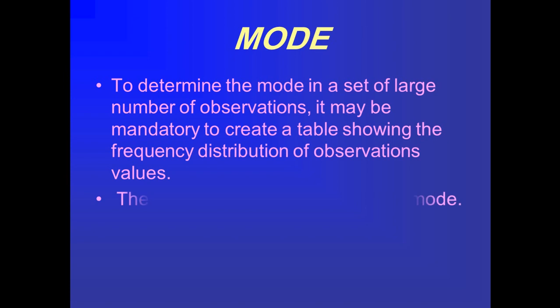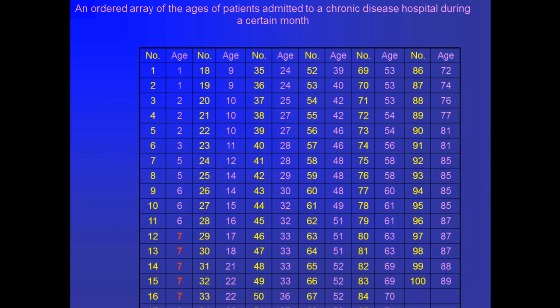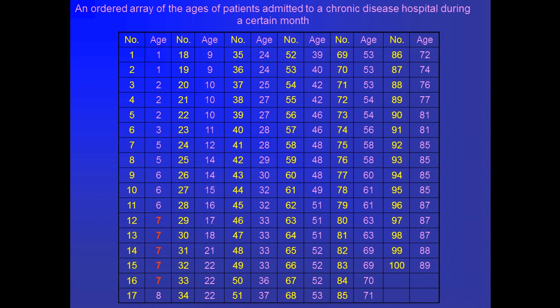So to determine the mode in any large set of observations, it may be necessary to create a table showing the frequency distribution of observation values, and the most frequent value will be the mode. So take the same example of those patients admitted during a certain month with chronic diseases, with a total number of 100.